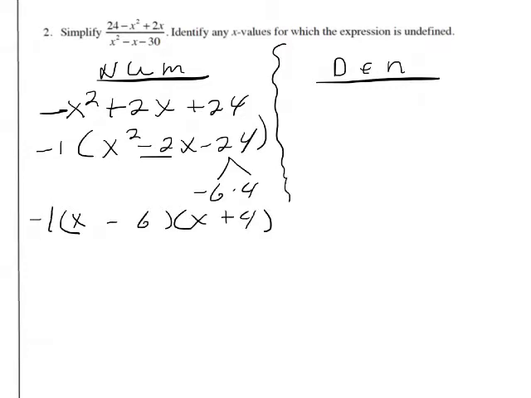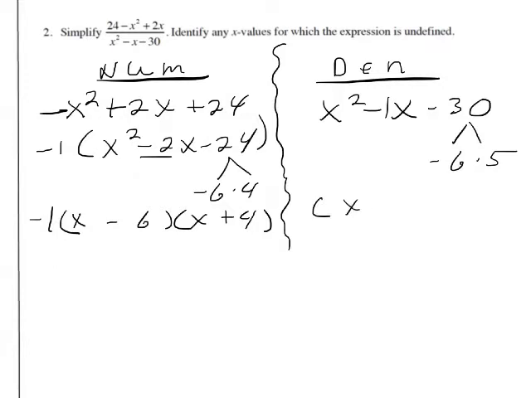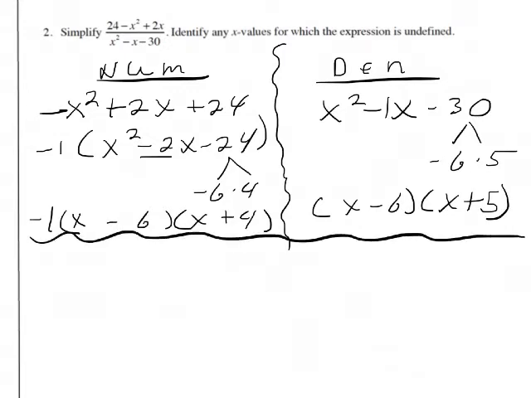Now the denominator part: we have x squared minus x minus 30, and I need to figure out what factors of negative 30 will give me a negative 1. That's going to be negative 6 times 5, so my factors are x minus 6 and x plus 5. Let's put this back in fractional form.